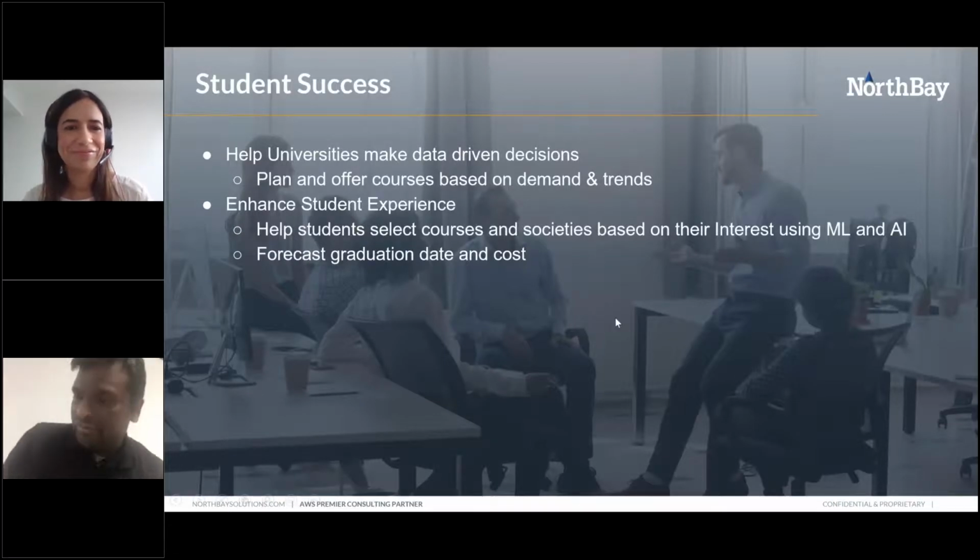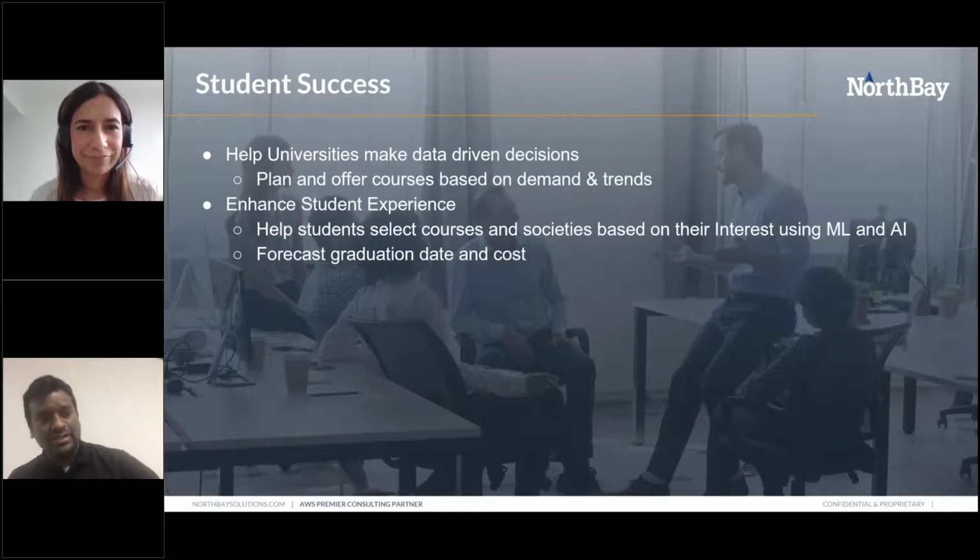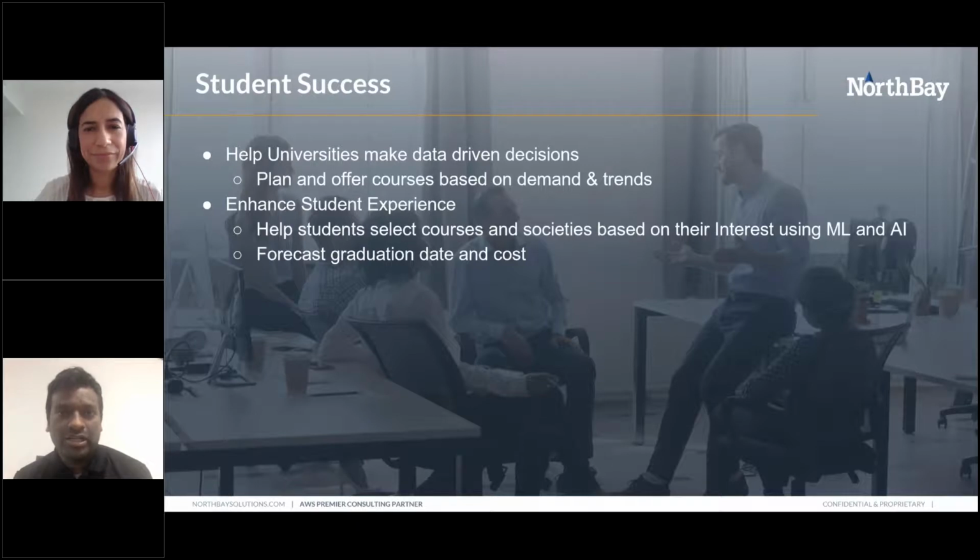So another big focus that a lot of higher ed institutions are adopting is how to enable student success. Again, this is a key theme, especially for the big universities. When you're talking about these prominent, high profile universities, there are a lot of students coming to get the value of joining them.